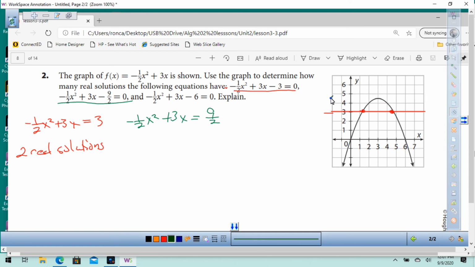A little high. Still a little high. There we go. And you'll notice we have one solution right here. So we have one real solution.